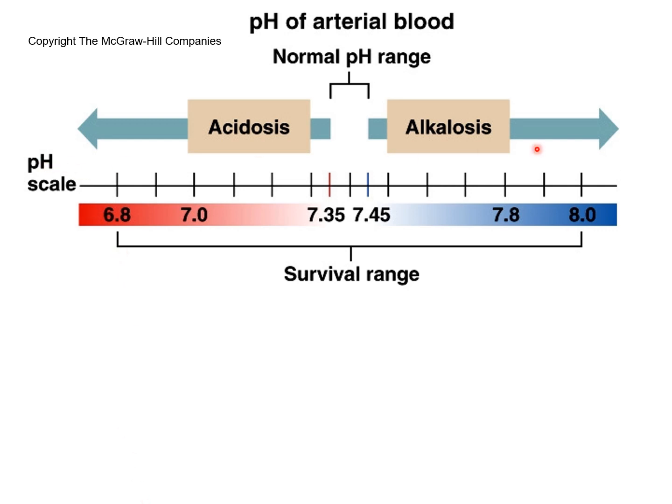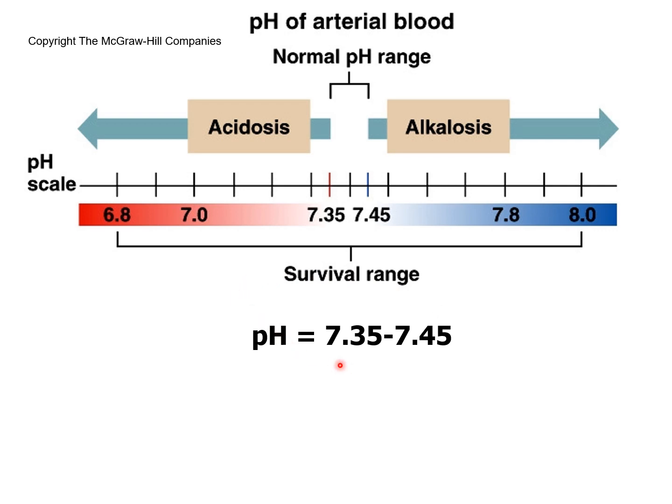We have here our pH scale showing the normal pH range of the blood, and it is said that the blood is slightly alkaline. For normal enzyme, cell function, and metabolism, the pH must remain within a narrow range. That range is between 7.35 and 7.45.